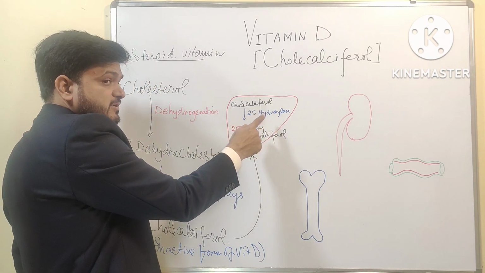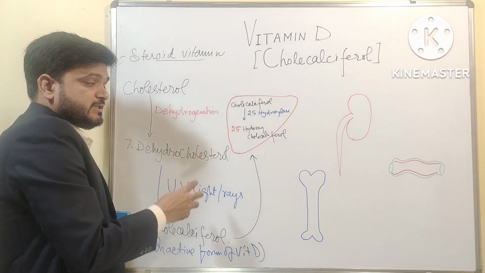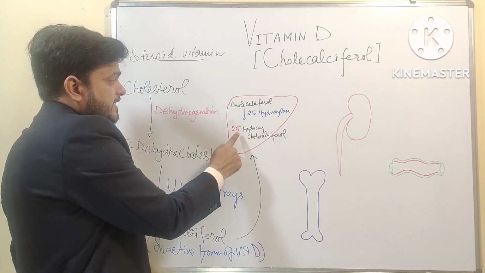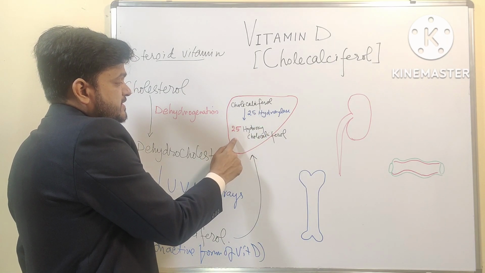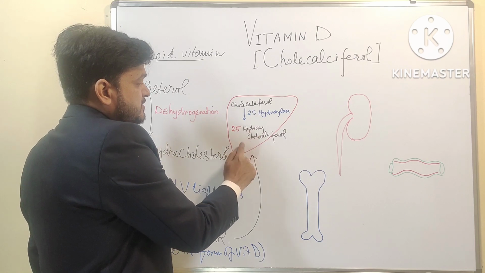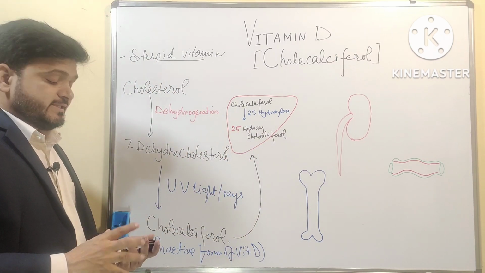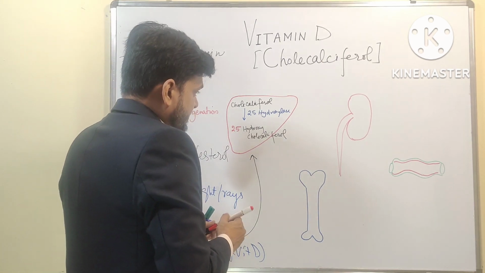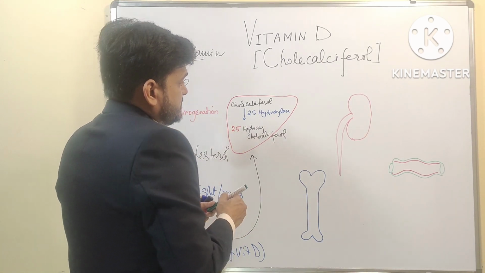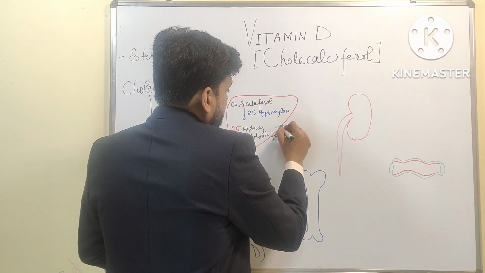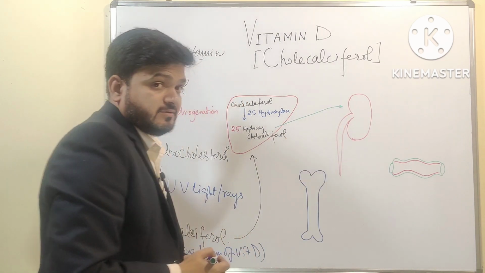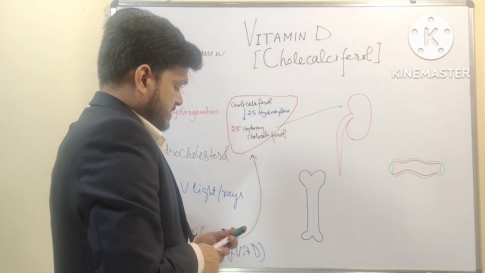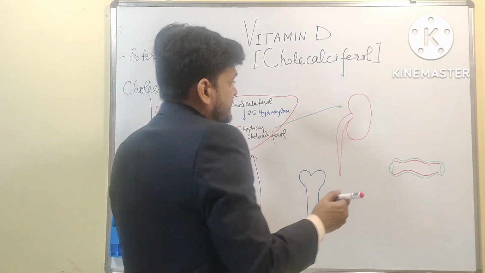The function of this enzyme is to add a hydroxyl, that is OH group, to the cholecalciferol at the 25th position, and the cholecalciferol is now changed into 25-hydroxycholecalciferol. But that molecule is still not active, and from there it is transferred to the kidney, where another hydroxylation occurs in the presence of another very important enzyme.